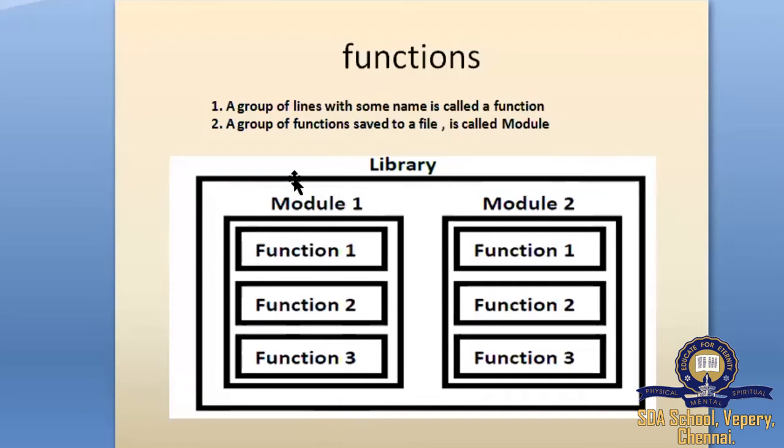Through this module, you can call these functions. So they state it like this: a group of lines with some name is called a function. A group of functions saved to a file is called a module. Right? Okay.